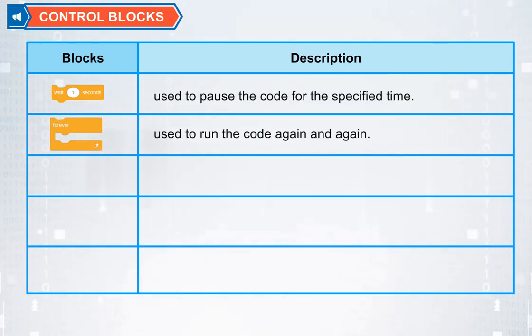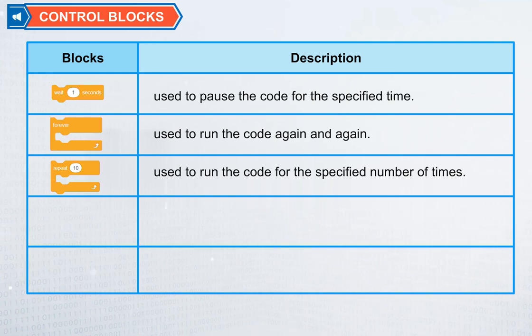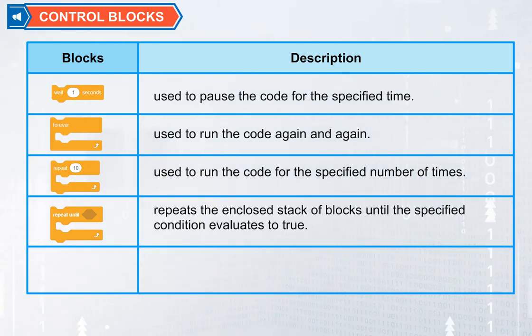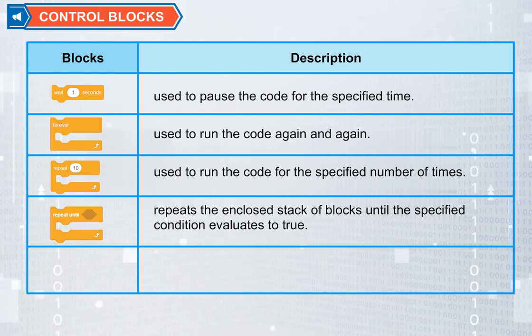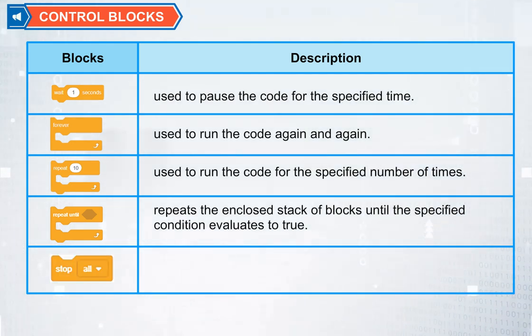Forever. Used to run the code again and again. Repeat 10. Used to run the code for a specified number of times. Repeat until. Repeats the enclosed stack of blocks until the specified condition evaluates to true.